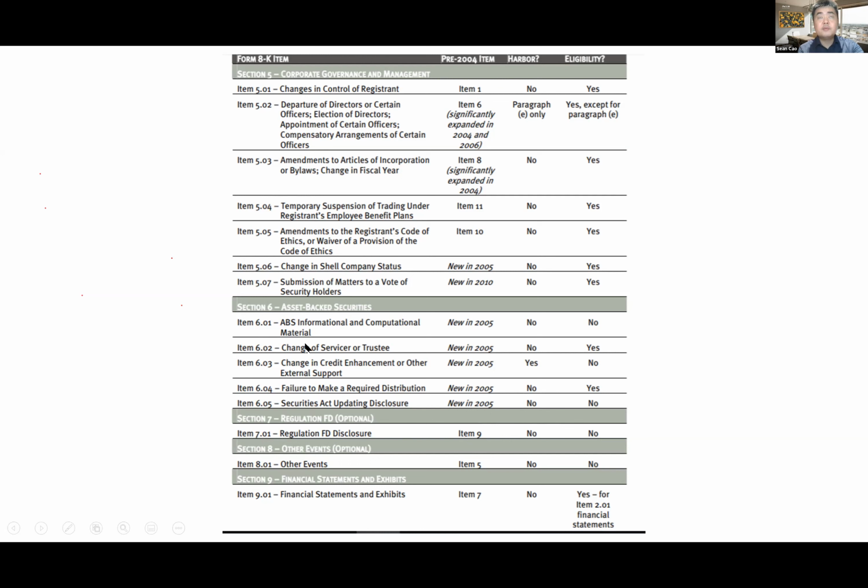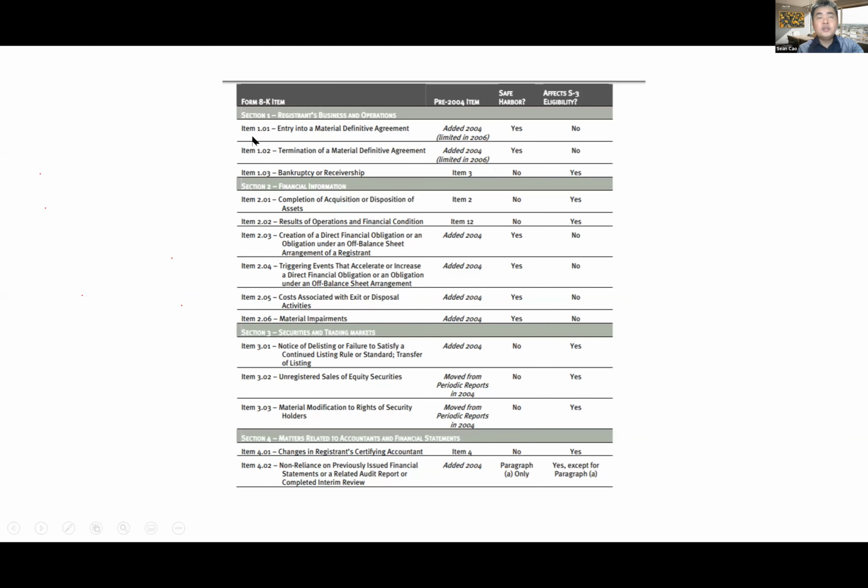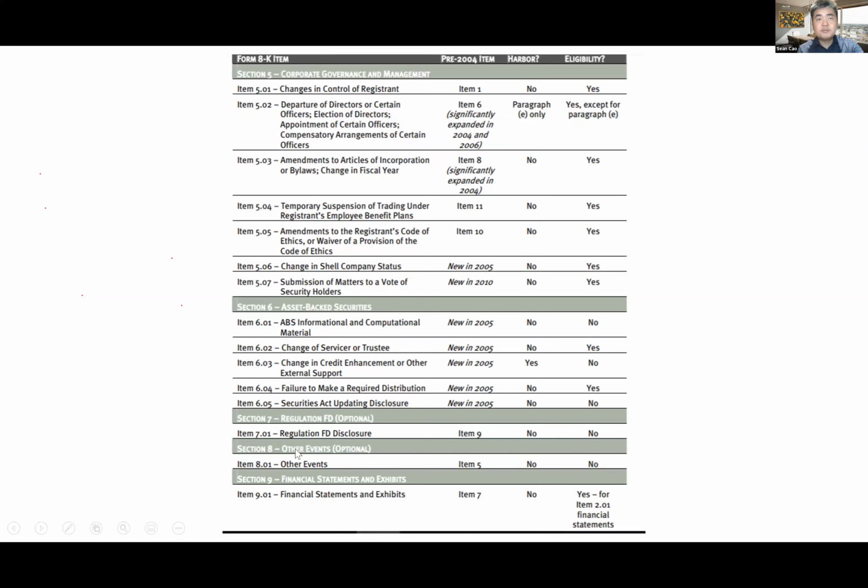The idea is all the news are classified into different categories. Some news is classified as contract news, some as earnings announcement, some as material modification, some as bankruptcy, some as press release.